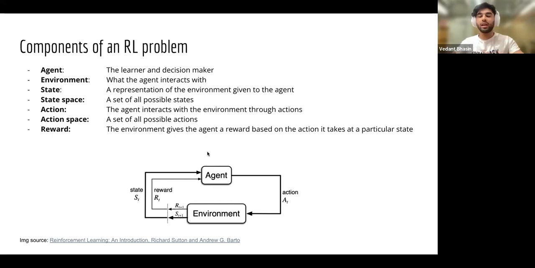An action is what the agent uses to interact with the environment. An action space is just a set of all possible actions it could take. So if you were playing a game and your character can move forward, left, right, and back, your action space would be of size 4. And then the reward is a signal which the environment gives the agent based on a particular transition.